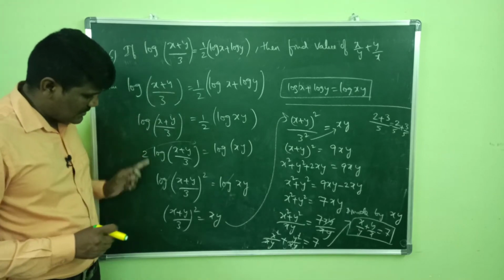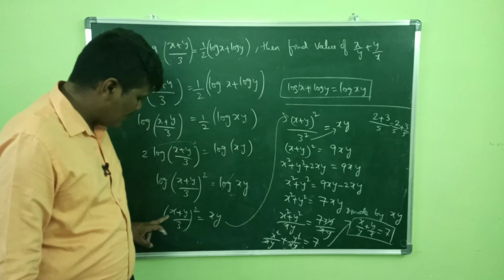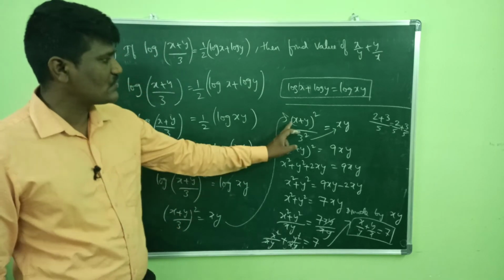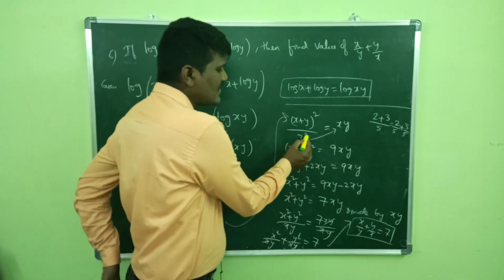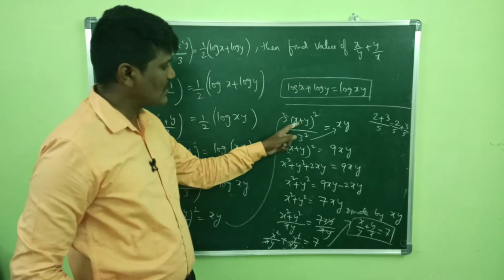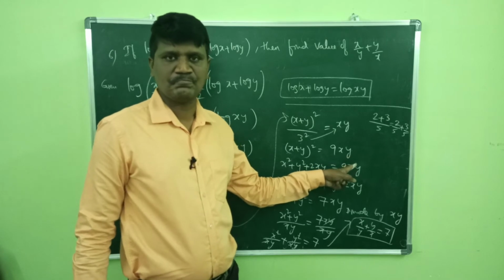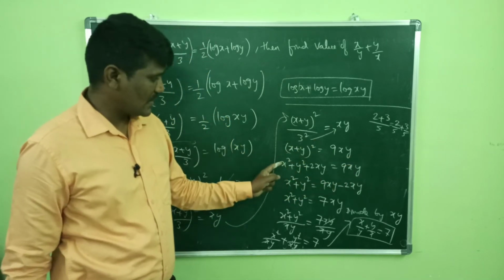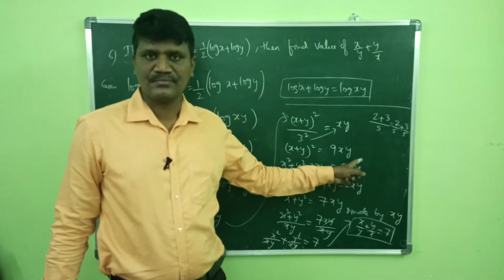Just observe. Till here I think you are very clear. Now after this, what I did is x plus y whole square by 3 square separately. So x plus y whole square by 3 square is equal to xy. I am sending 3 square, which is 9, to the right hand side. So x plus y whole square is equal to 9xy. Now I used the formula x square plus y square plus 2xy is equal to 9xy.